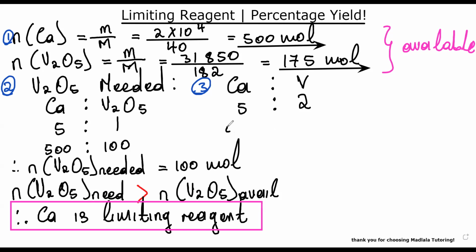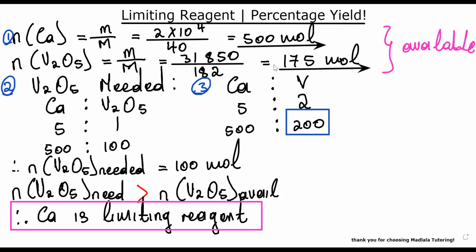So now, if I have 500 moles of calcium, then how many moles of vanadium do I have? Well, you say this one divided by that, you get 100, and you times it by that 2, so you get 200. So now we can see that the number of moles for vanadium will be 200. That's fine.